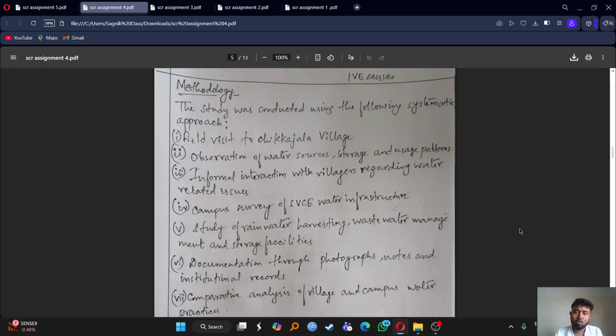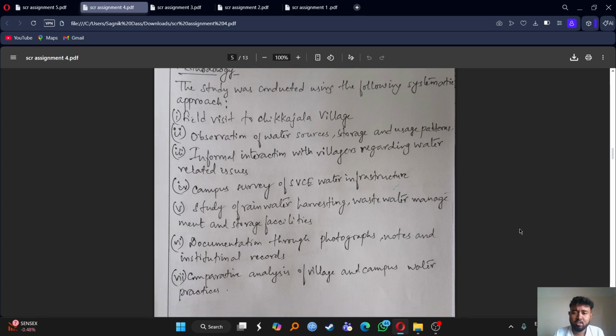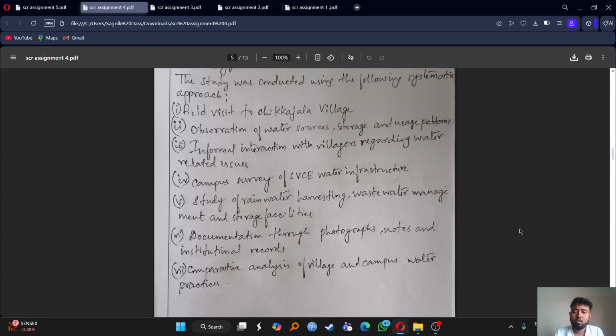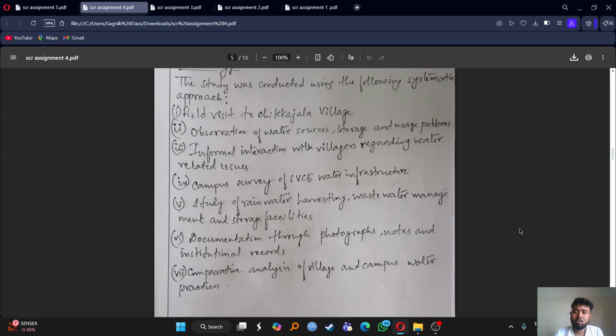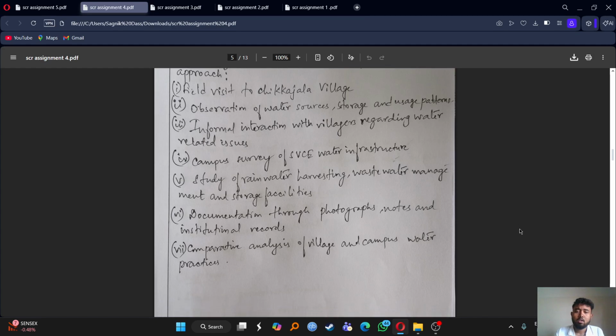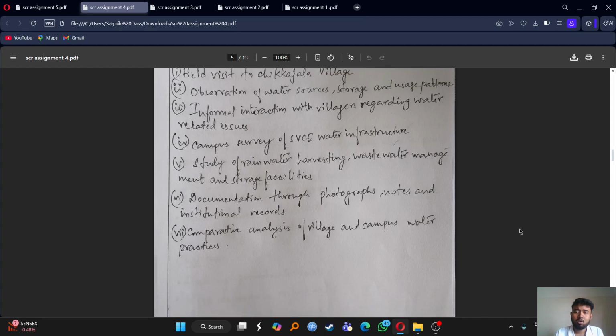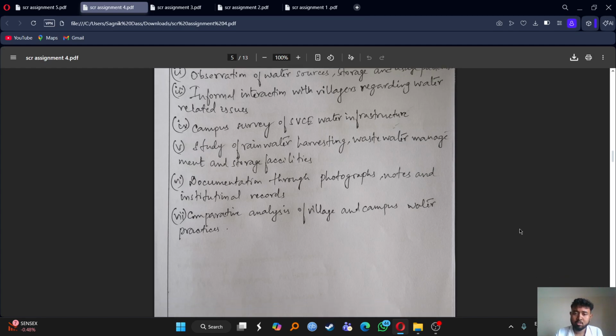Field visit: we observed water sources, checked water storage facilities and usage patterns, and had informal interaction with the villagers about any water-related issues. Campus survey of SVC water infrastructure: what infrastructure is available in the SVC campus? Luckily, there is a water conservation facility in the SVC campus as well.